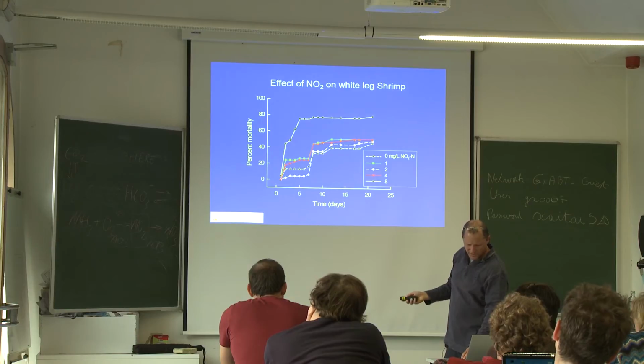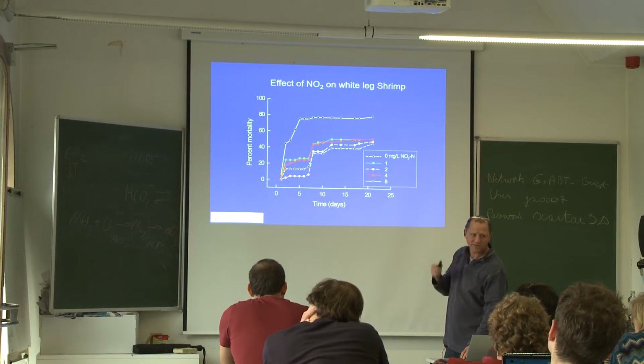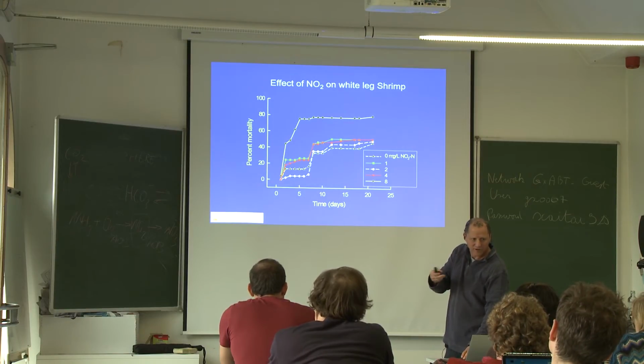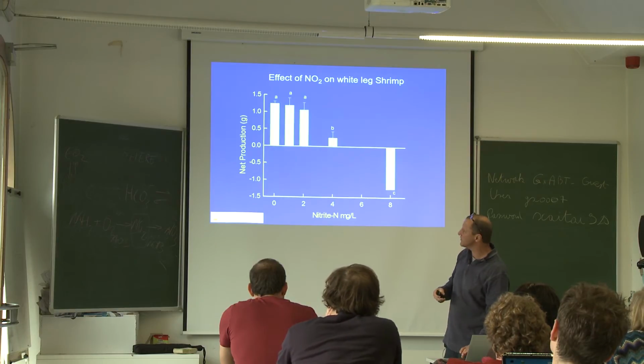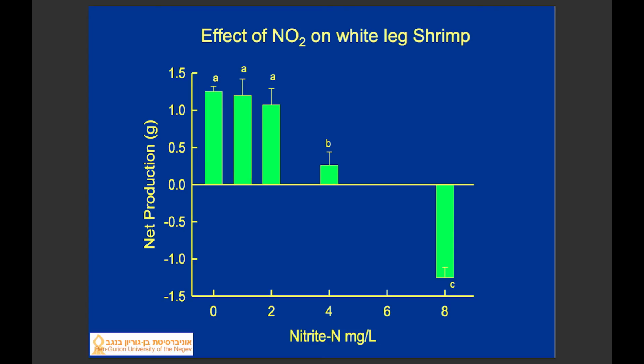But when you're looking only at mortality, you lose the picture, because it's how it affects the performance of these shrimp. And when you look at the performance of the shrimp, you see that already at 4 milligrams per liter, they just don't grow. So they don't die, but they don't grow. Since it's aquaculture, we want them to grow. And at 8, obviously, the net production is minus because mostly they died.